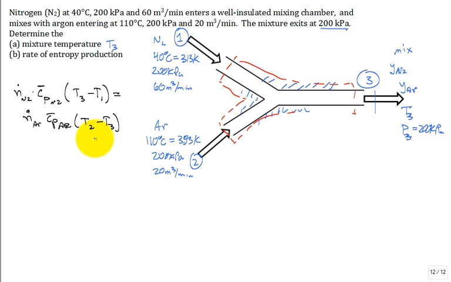Is that too much to write? I want to conserve board space, and I think you've been able to solve first law analysis of open systems. So we get an equation for T3.